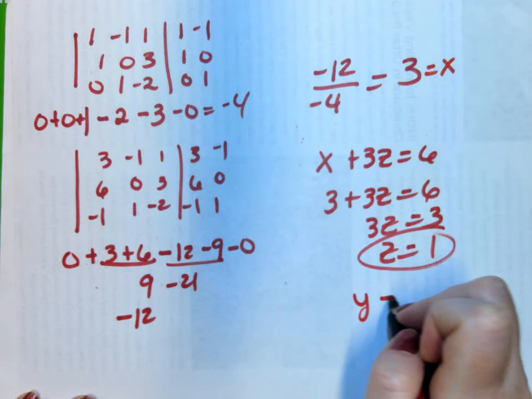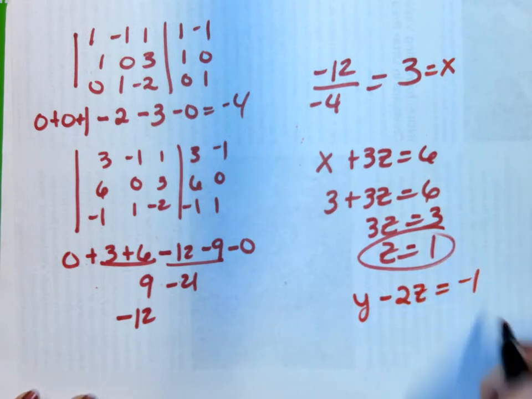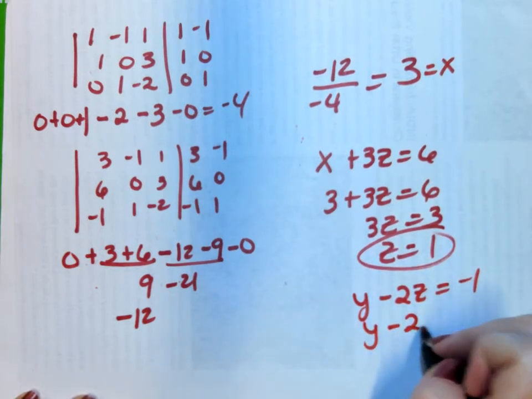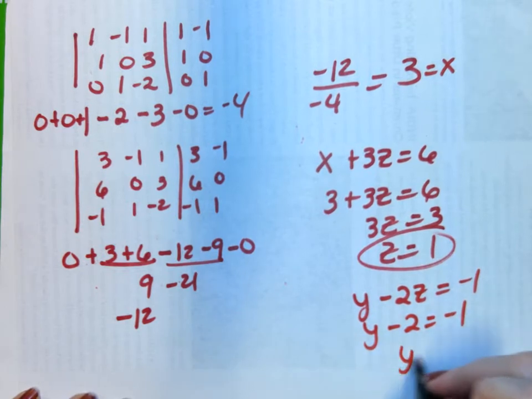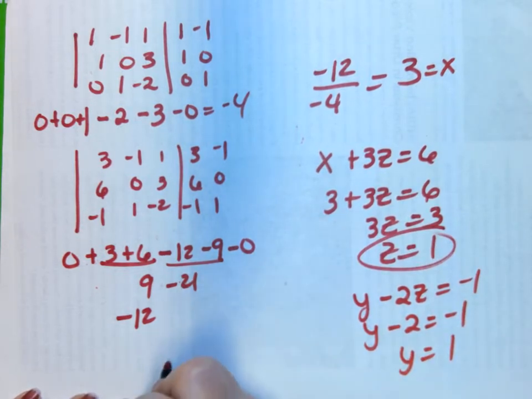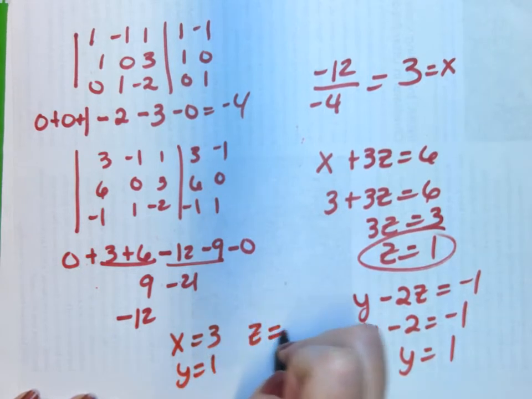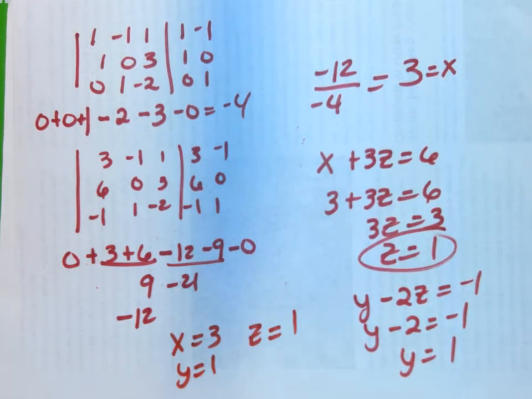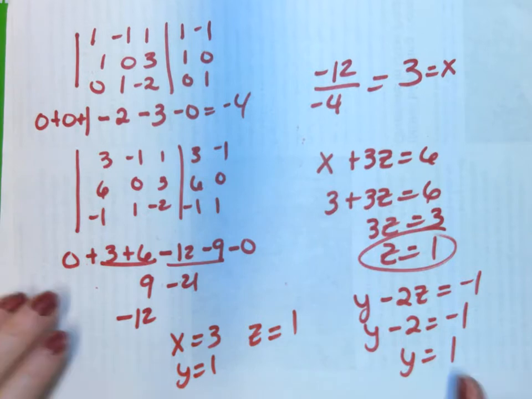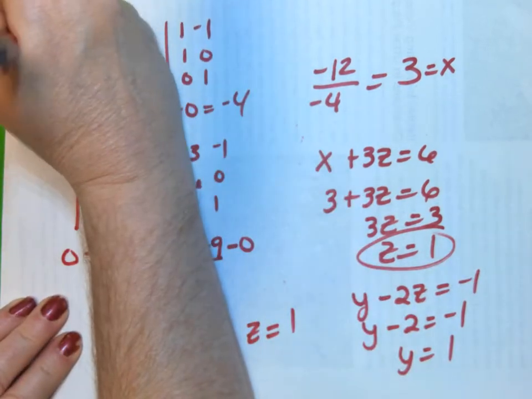Let's use this one. Minus 2z is negative 1. So y minus 2 is negative 1, so y must be 1. So I have x is 3, y is 1, z is 1. And there's my answers. That wasn't so terrible. That was number 10. All right, we have 3 more.